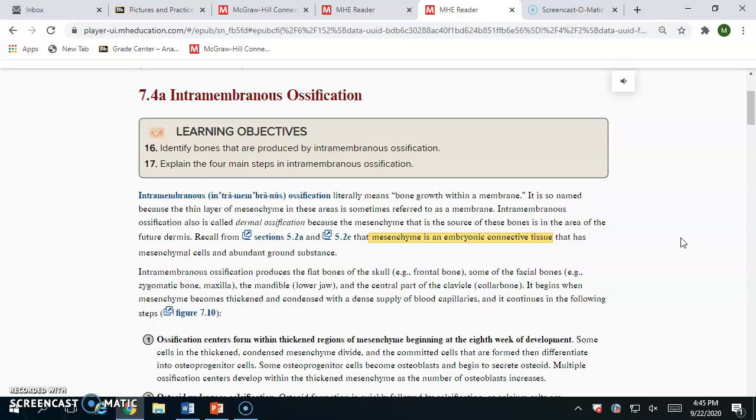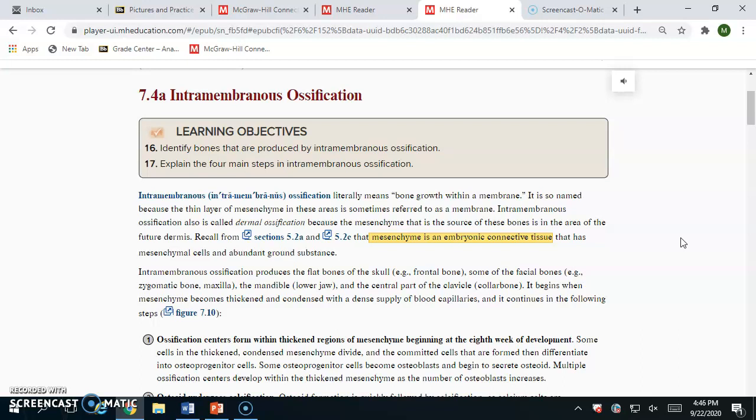The bones that you will see this type of bone formation happen in would be like the flat bones of the cranium. The frontal bone would be an example, parietal bone, temporal bone. Not all, but some of the facial bones are also ones that will form by this type of ossification.